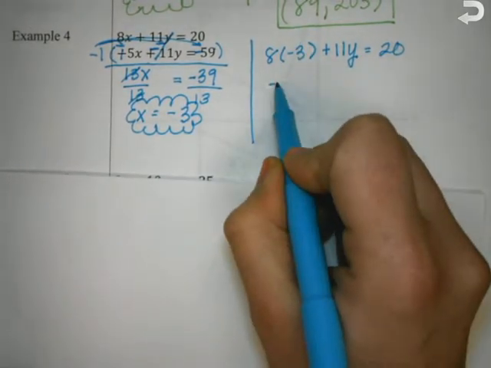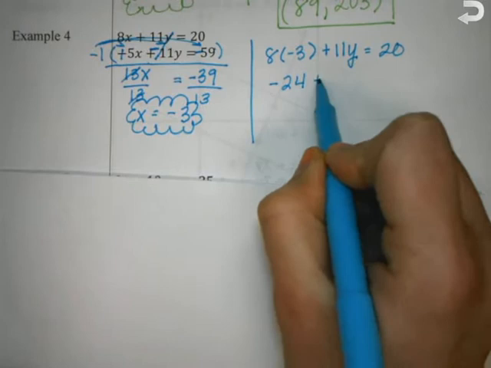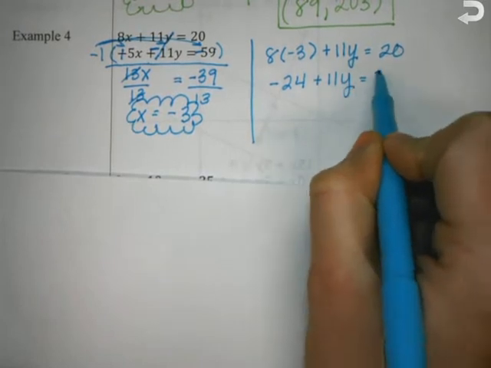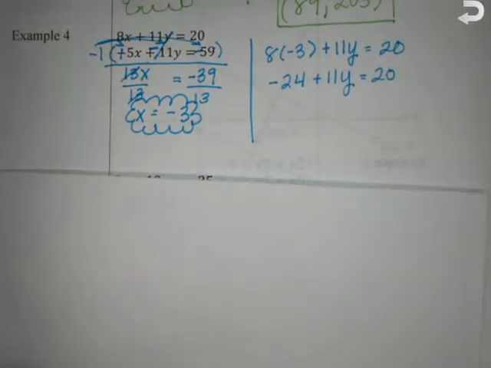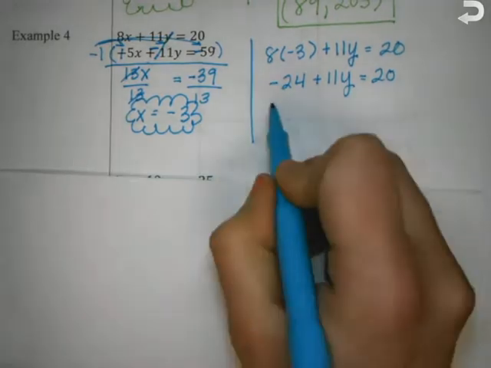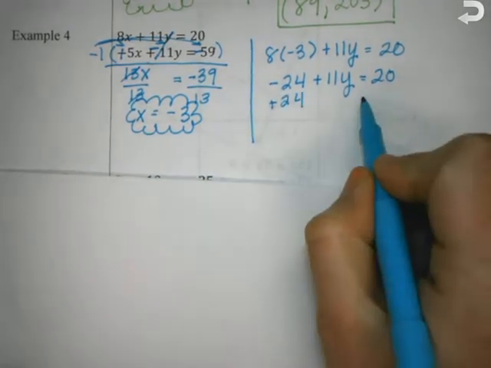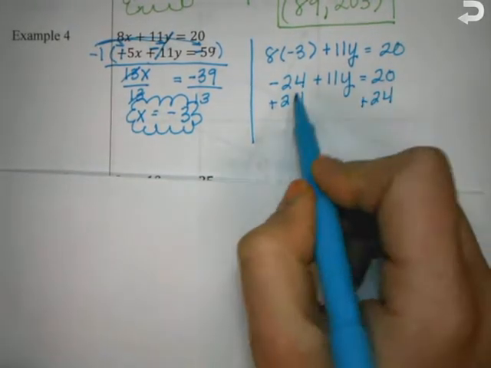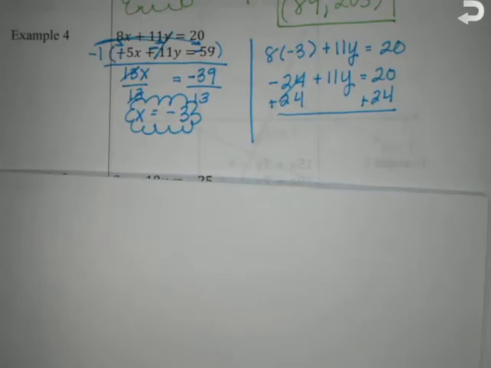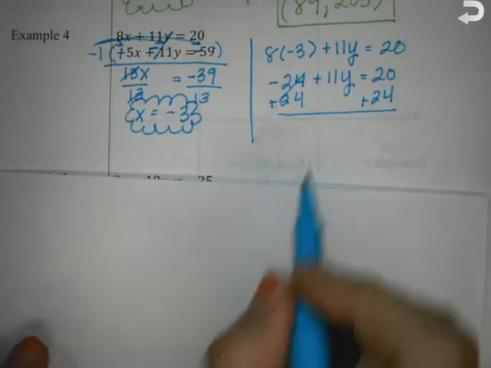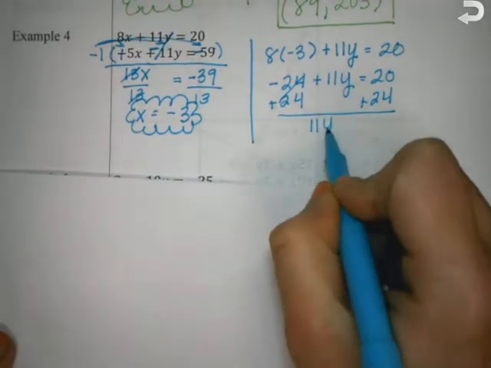Macy, what do I do next? You add 24. Good, I add 24 to both sides. So that gives me 11y equals 20 plus 24, 44. Taylor, what do I do next?